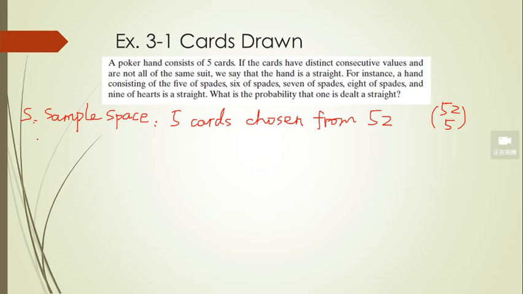Now I'm going to define the event E. Okay, this event E we need to spend some time to figure out. So let's think about the sequence, the consecutive values first. Let's think about the value first: 5 consecutive values.